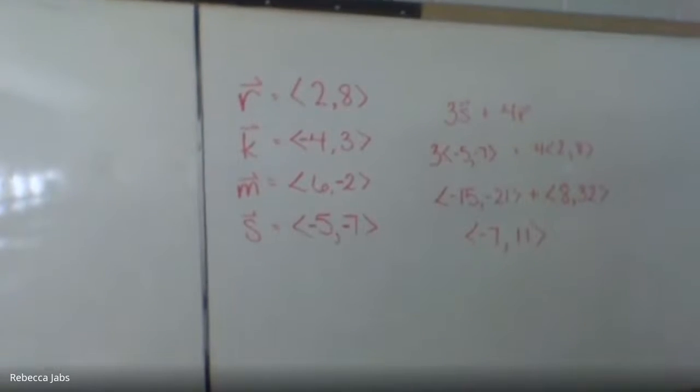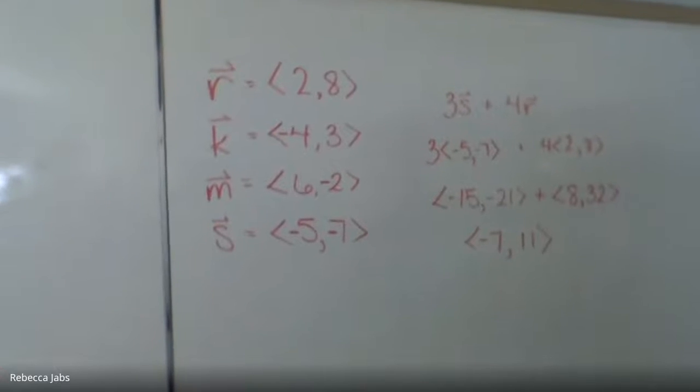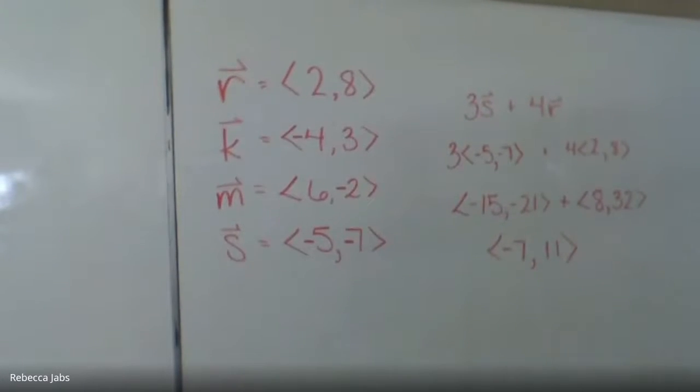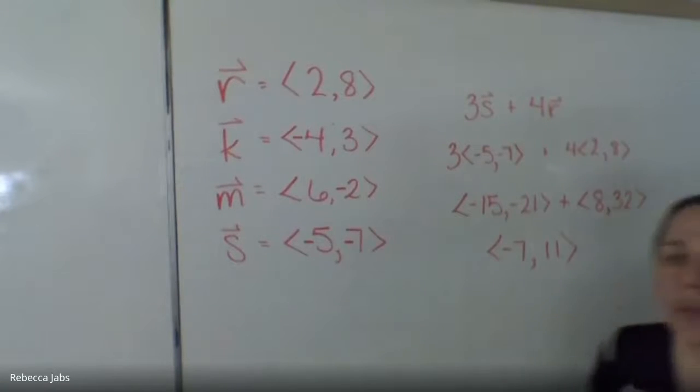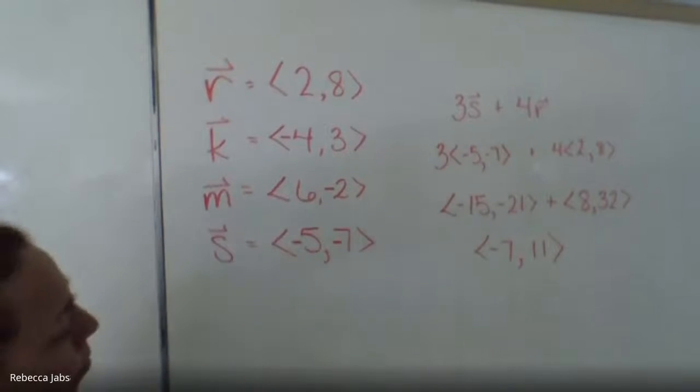Jalen Eubanks, instead of 3s plus 4r, you're going to give me something with a minus sign in the middle, but please have both of them still have a coefficient on them. 7s minus 5r.